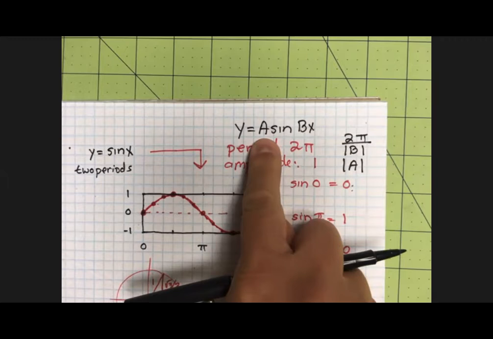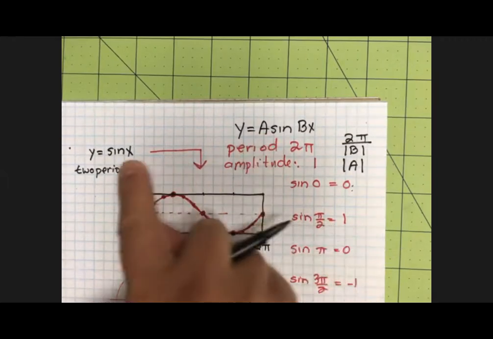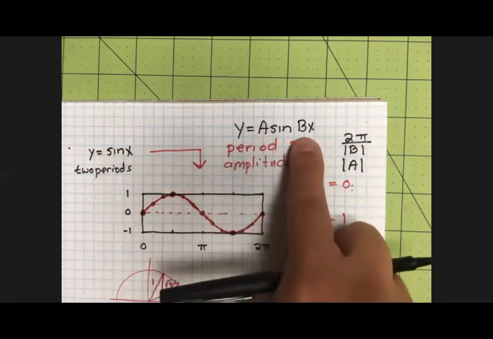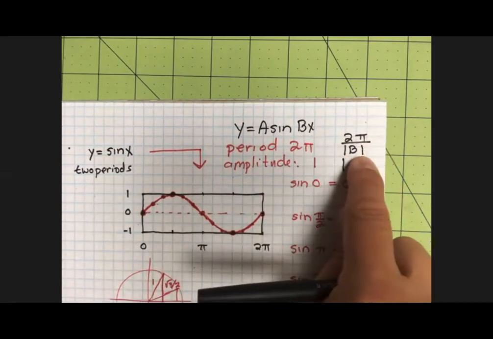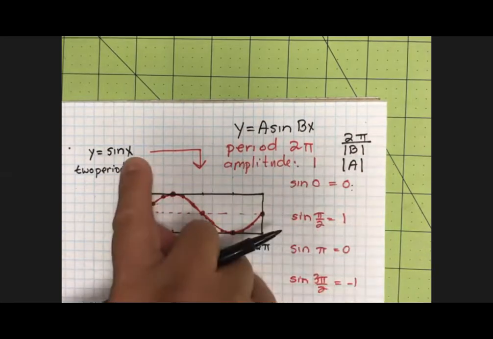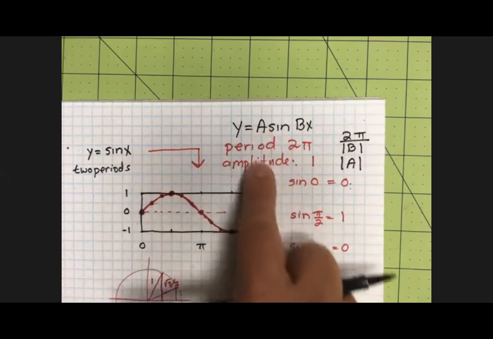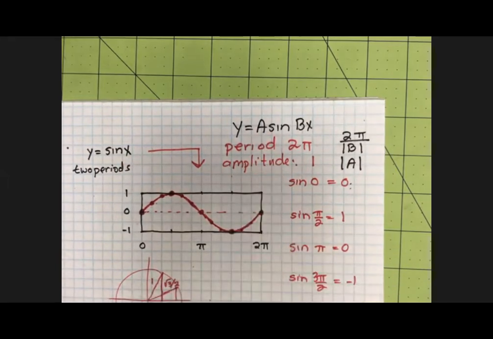Whatever this number is in front, the amplitude is the absolute value of that number. So this has an amplitude of 1. Whatever this number is in front of the x, take 2 pi divided by the absolute value of that, that's the period. So this graph has a period of 2 pi. That's the technical definition of period and amplitude.